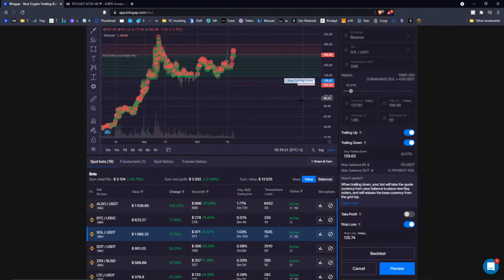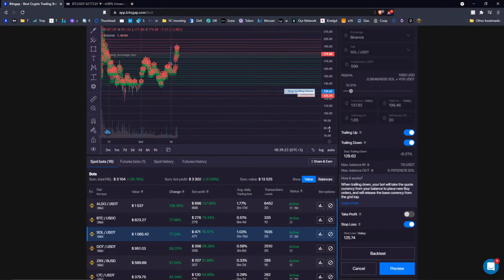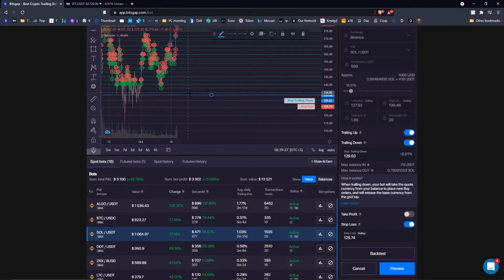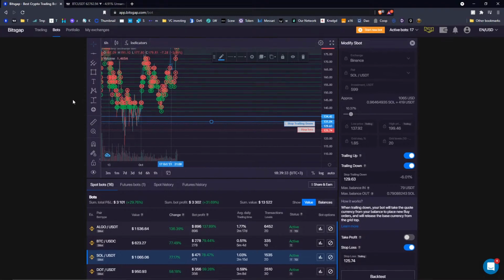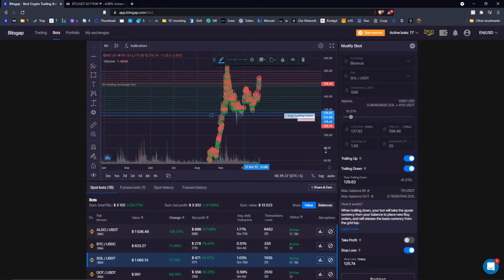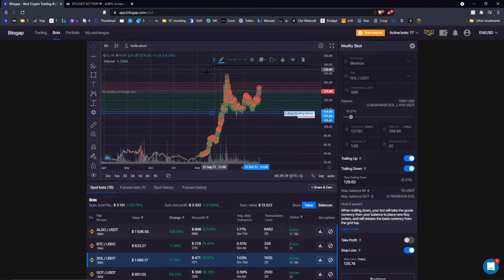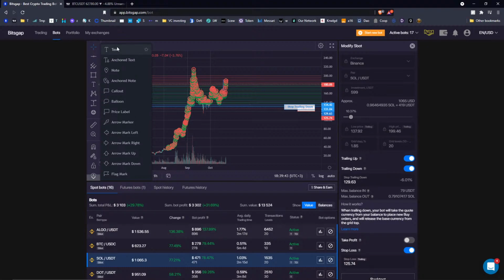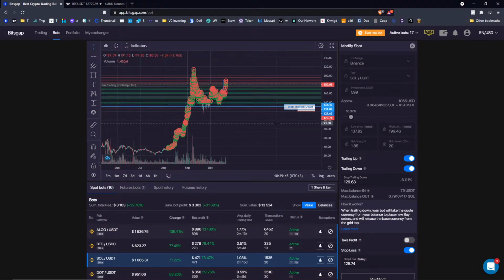Because let's say you use the stop trading down, the bot used some of your funds from available balance, but still the price continues to fall, and the last resort thing for you to do is just to exit, because you don't want to see the value of your investment falling even further. So in that case, stop loss will just save you.